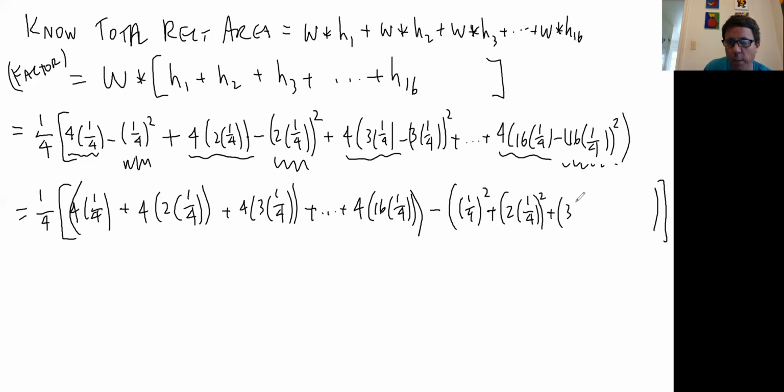And then 3 copies of a quarter squared. And 16 copies of a quarter squared. I might miss a parenthesis there, but good. So if you reorganize all that, you can see the first one of the first term, the first one of the second term is H1: 4 copies of a quarter, minus a quarter squared. And then 4 times 2 copies of a quarter, and then minus, I distributed that back down. So all the terms are there, they're just organized in a nice way.